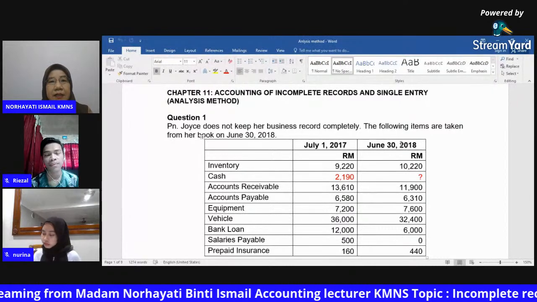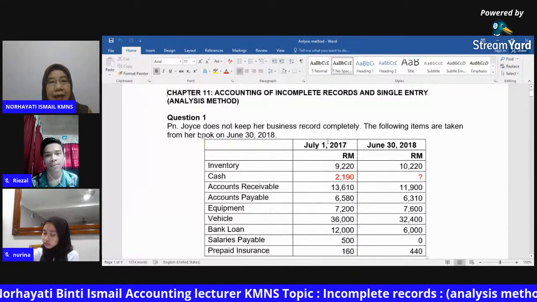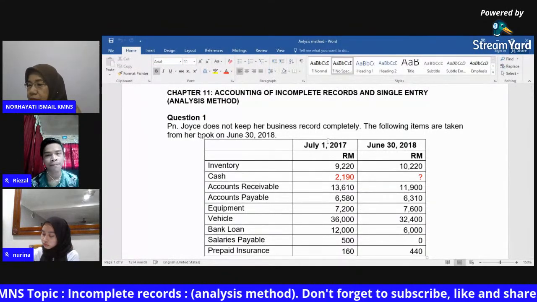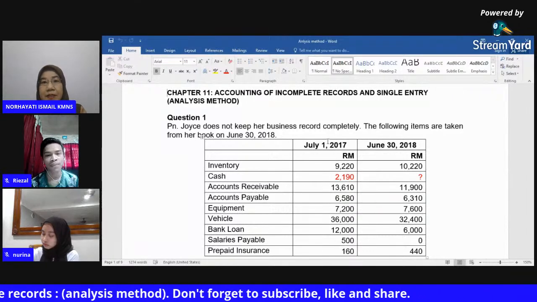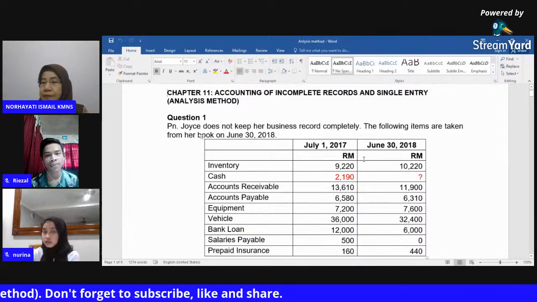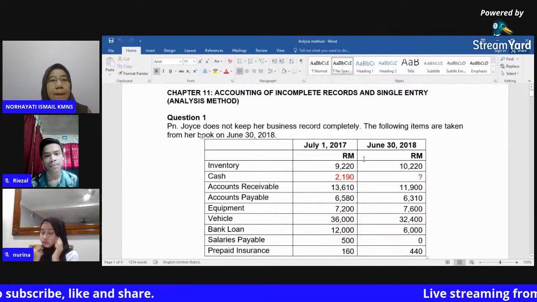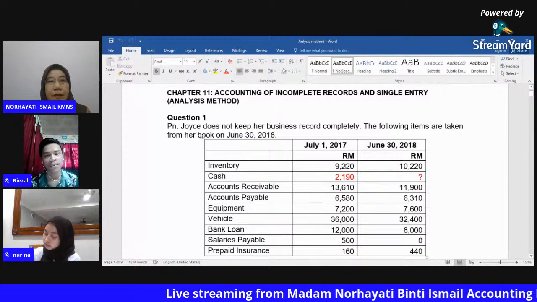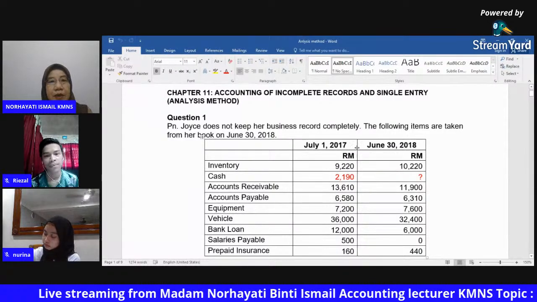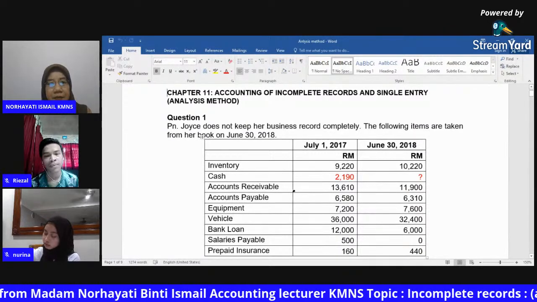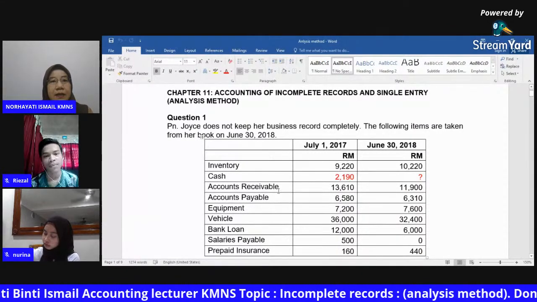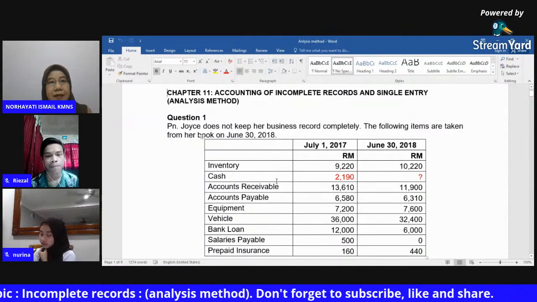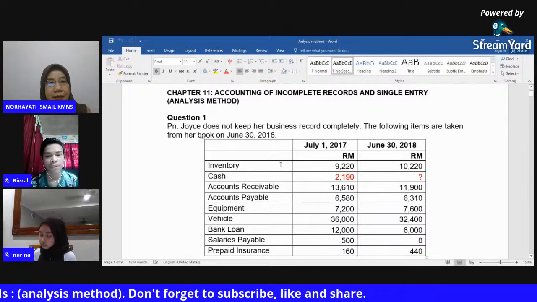The beginning balance starts with July 1st, 2017 and the ending is June 2018. Okay, now the inventory. From the question you are given the beginning of the asset and liability. You must identify which one is asset. So, kalau tengok inventory, that one is asset.